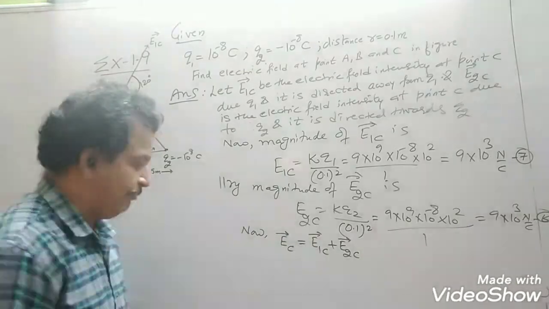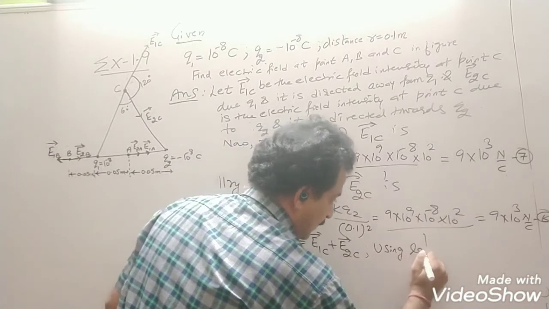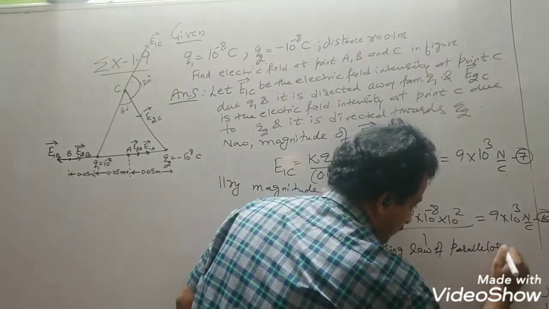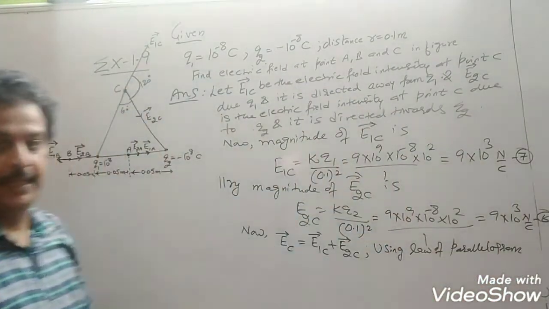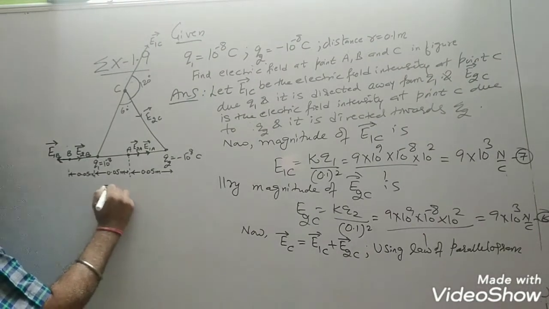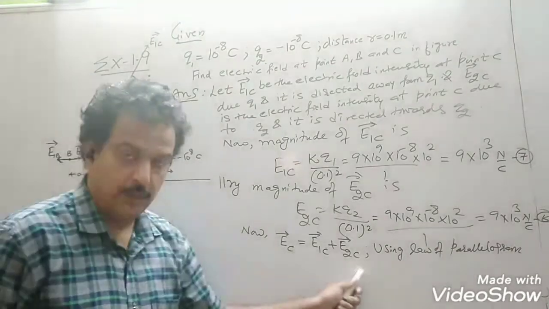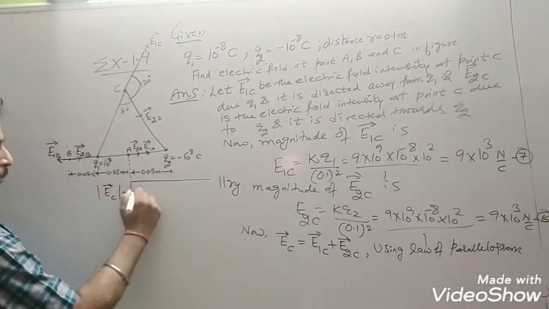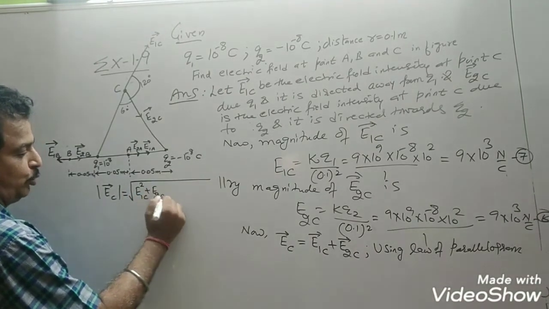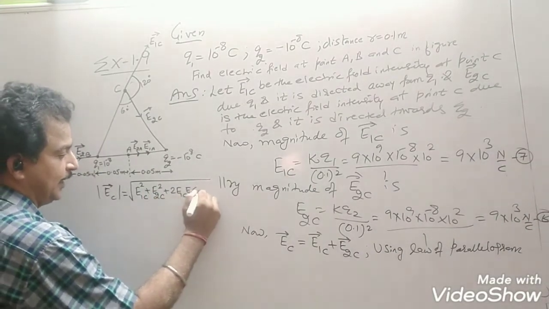So using the law of parallelogram, and we see the magnitude is same. So as we have done earlier also, the magnitude can be written as under root, this is vector A, vector B, so A square plus B square plus 2AB cos theta. So E1C square plus E2C square plus 2 E1C E2C. Now what is the angle?